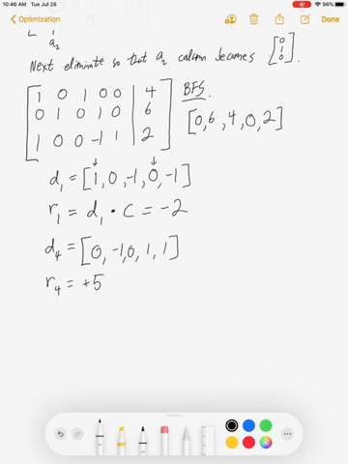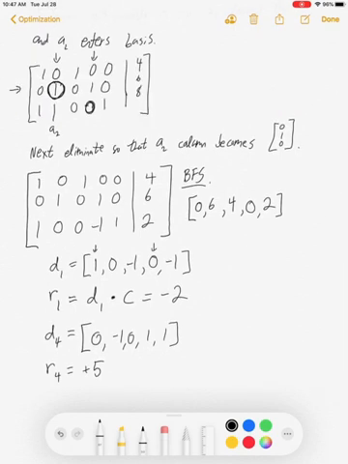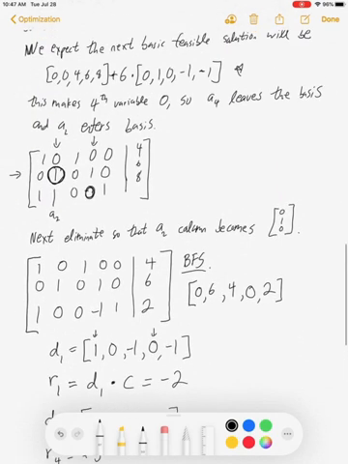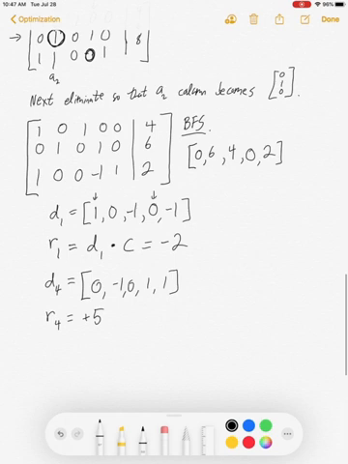And that makes sense because, if we think about what we did on the last iteration, we said A4 left the basis and A2 entered. So if we decided to bring A4 back into the basis, we'd sort of just be undoing what we already did.